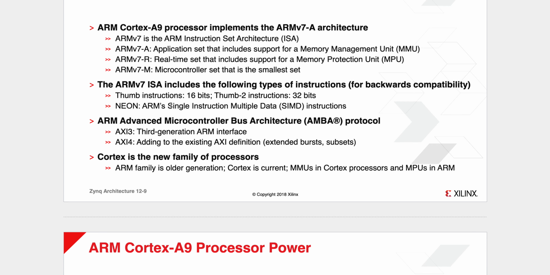Then we have the ARM Advanced Microcontroller Bus Architecture, or AMBA, protocol. What is this all about? Since it is a protocol, it defines the standards for communication with the ARM architecture.